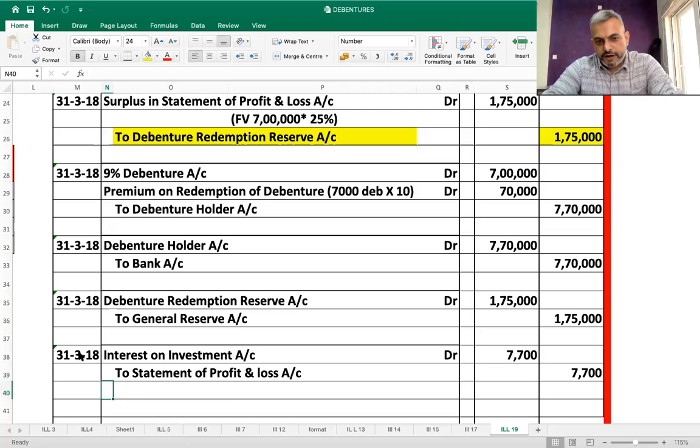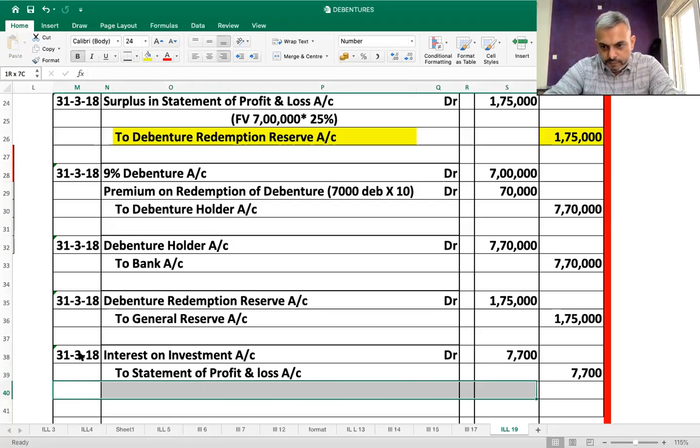Why we use the word statement is because as per the Companies Act, we prepare a profit and loss account in a statement format and not in a T-shape format as a ledger account, which is what we used to do when we did final accounts of partnership or sole proprietorship. So that's it.